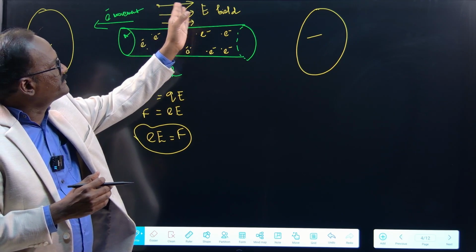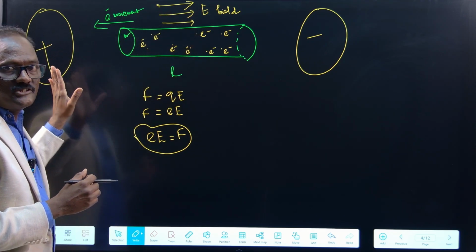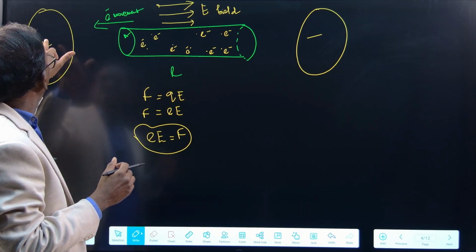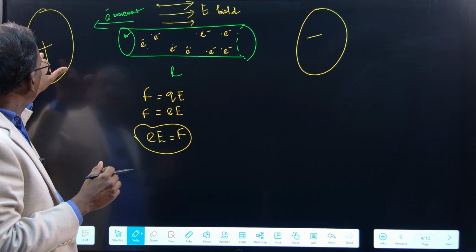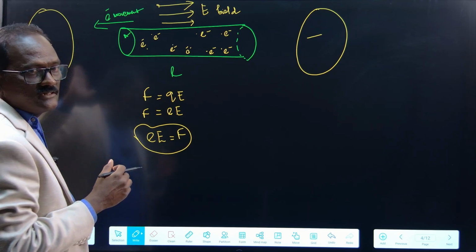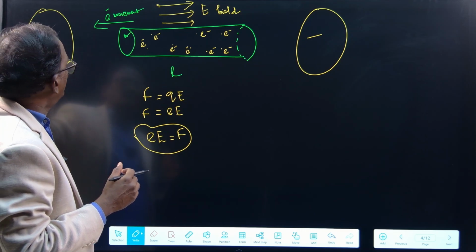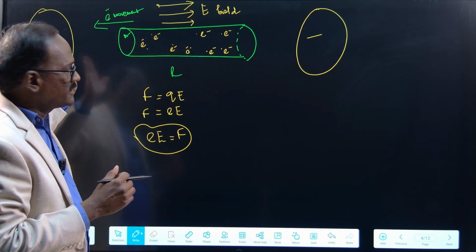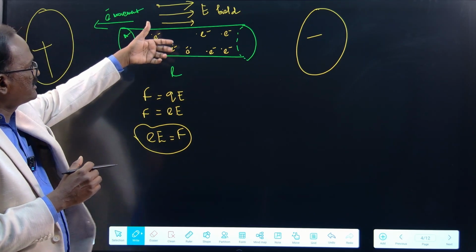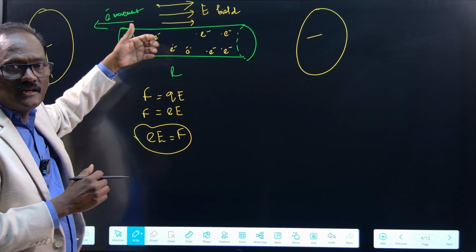If the E field comes in this direction, there is a positive charge somewhere here, the source of this E field, right?